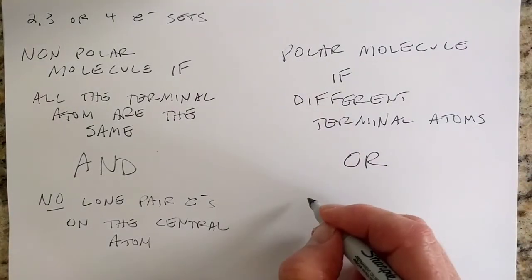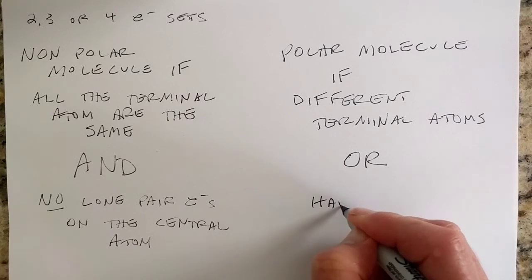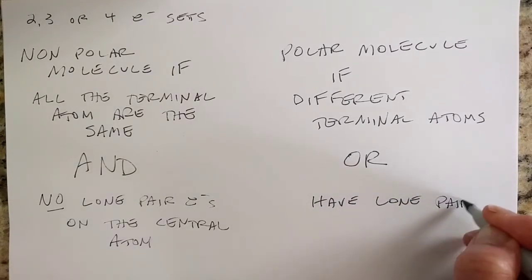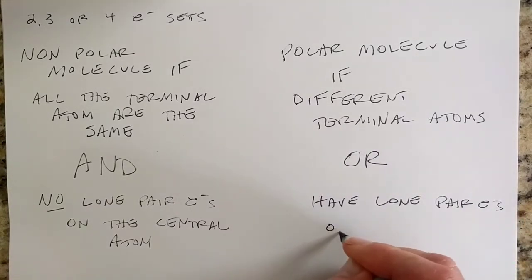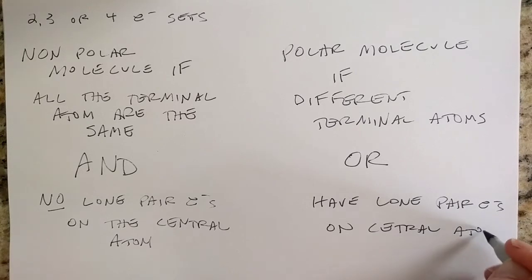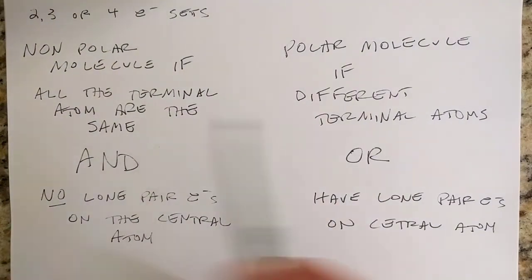Or you have lone pair electrons on the central atom. So these two things mean exactly the same thing. So learn one of them, and then it's always the opposite for the other one. So that's it for today.